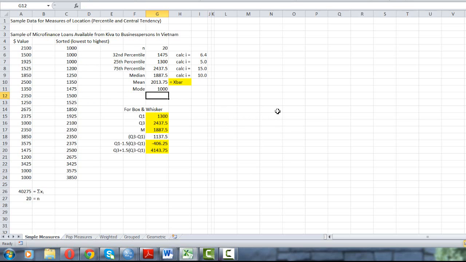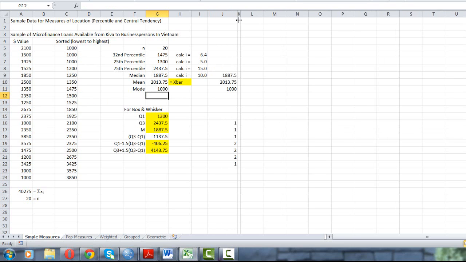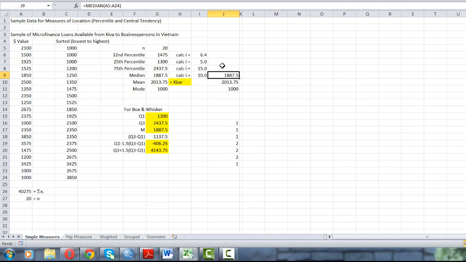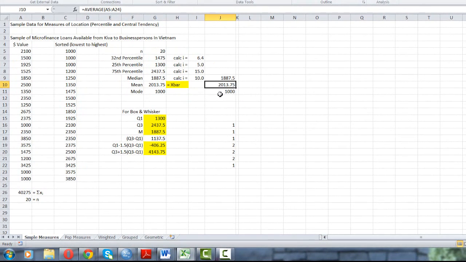Okay. Now there are some Excel functions here. You can use median, and then you can use average for the mean. Okay, and then there's also a mode function here, but you've got to be a little careful.